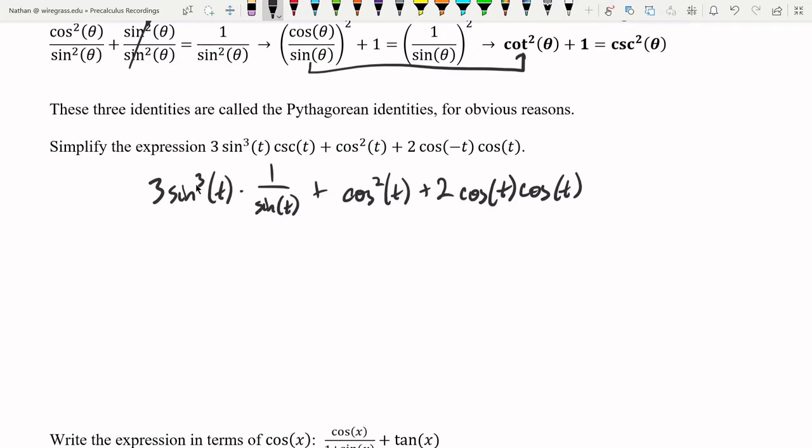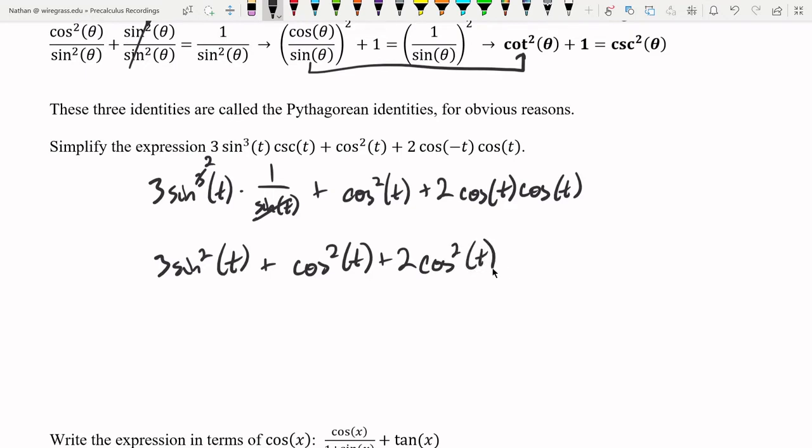Now I can see that one of these powers is going to cancel with this, and I get 3 sine squared t plus cosine squared t plus 2 times cosine, which is cosine squared t. And you can change however you want. I can change sine squared to cosine, or I can change cosine squared to sine.